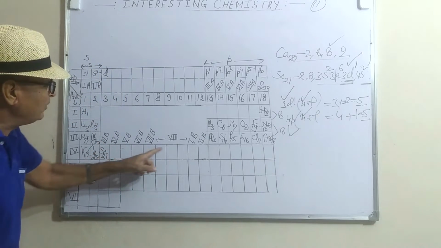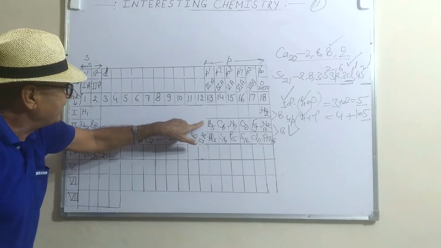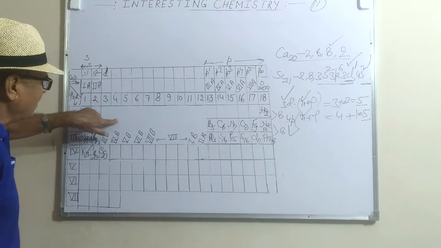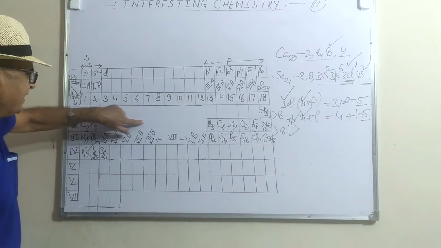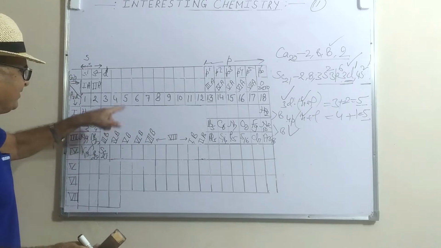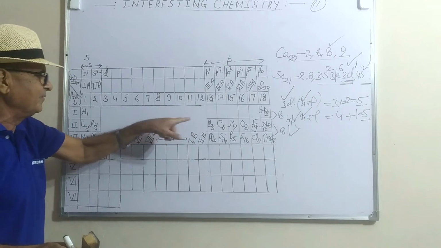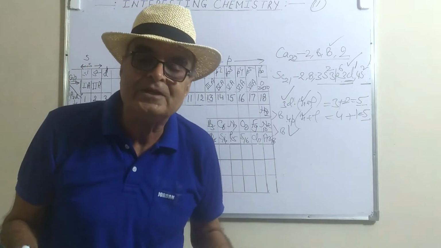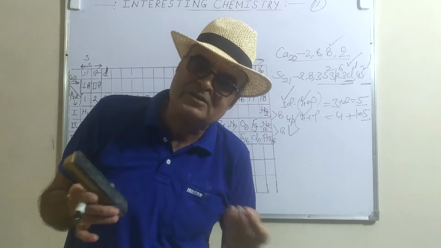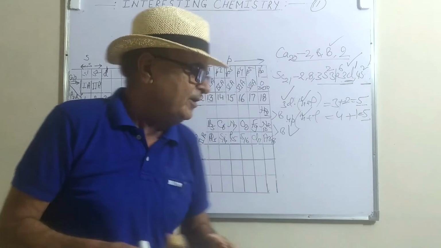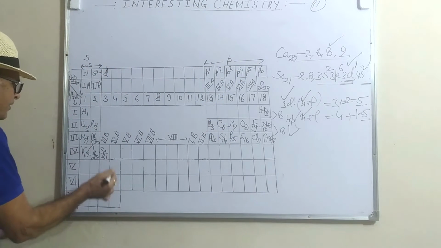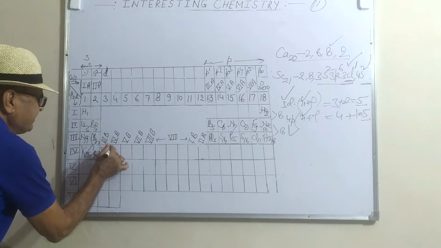From here to here there are 10 columns, so D1, D2, D3, D4, 5, 6, 7, 8, 9, 10. Now the filling of the D orbital starts from D1. So you should know scandium, titanium.